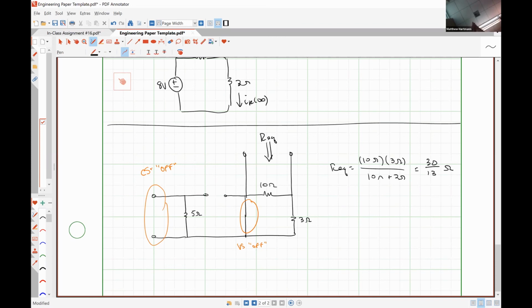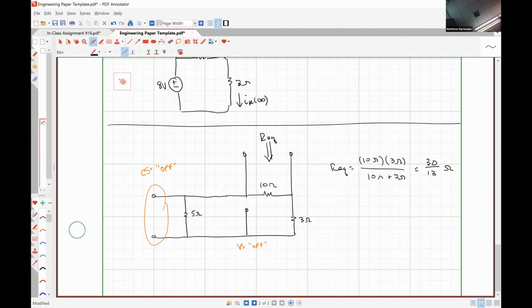So for this one, I don't think calculating the equivalent resistance was particularly difficult, but if we had erroneously done this at t equals 0 minus, our circuit would look very different, right? We would still have that short circuit where our voltage source was, but instead this switch would be closed.